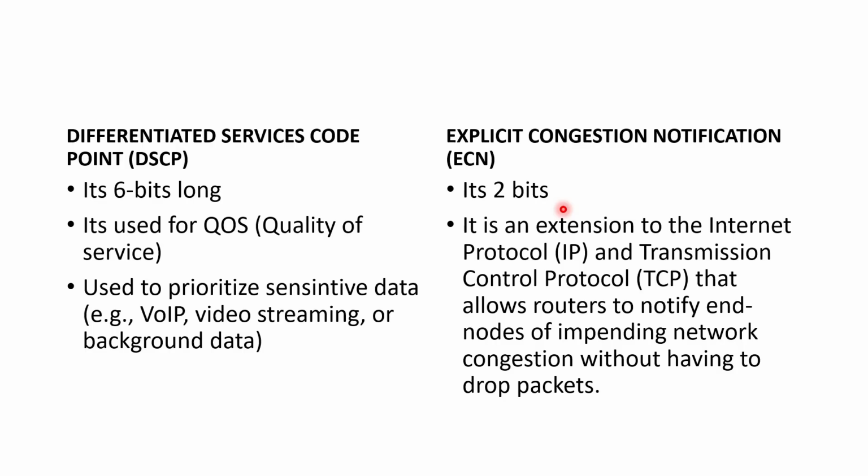Let's say the network is very busy, so the router is going to drop the packet that is being sent because the network is very busy. By having this ECN field in the IPv4 header, a notification is sent between the two nodes that there is network congestion, so the packet should not be dropped. And that's all about this field.